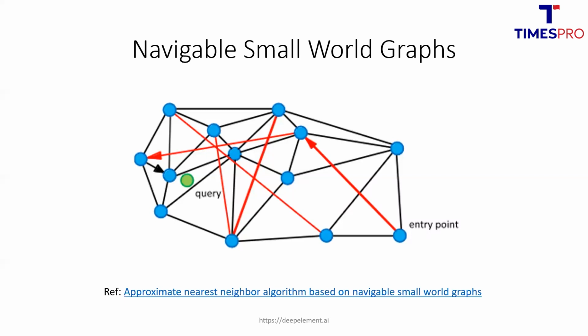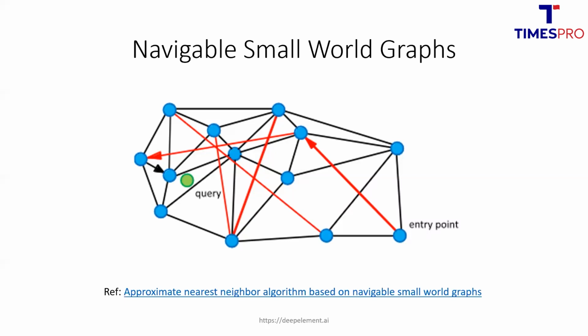So there is this navigable small world graphs algorithm which describes how to build a graph for vectors. Here the idea is we want to connect points which are close to each other.